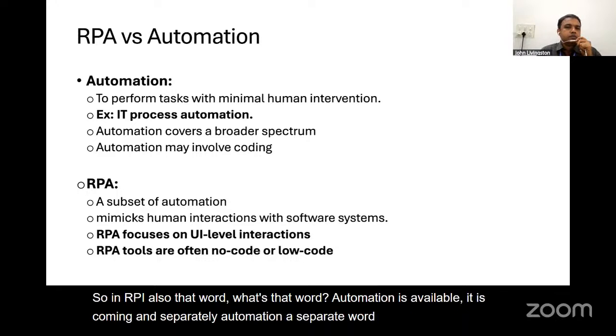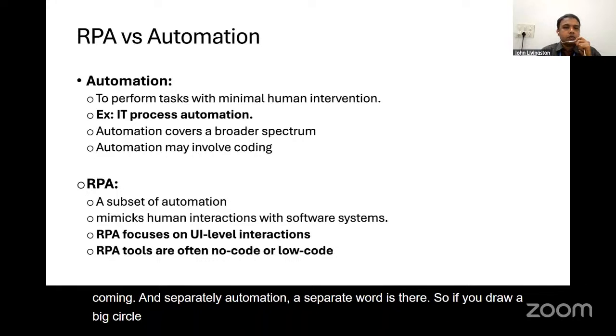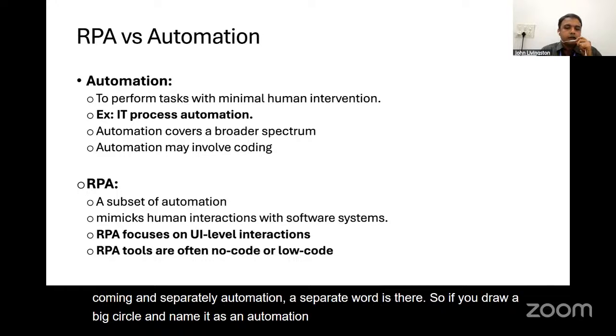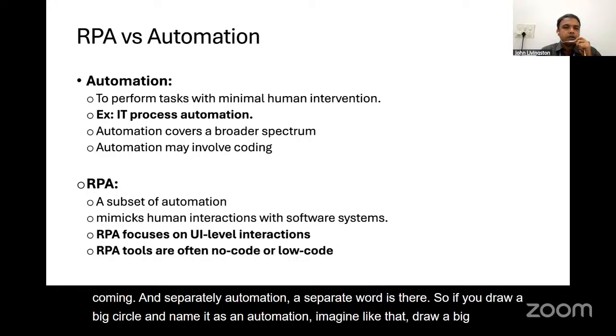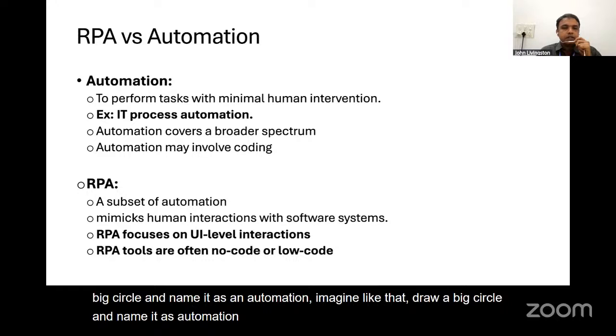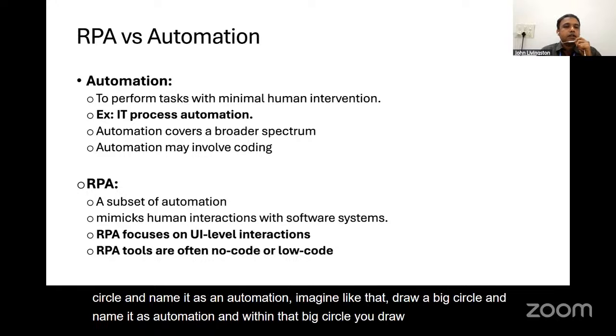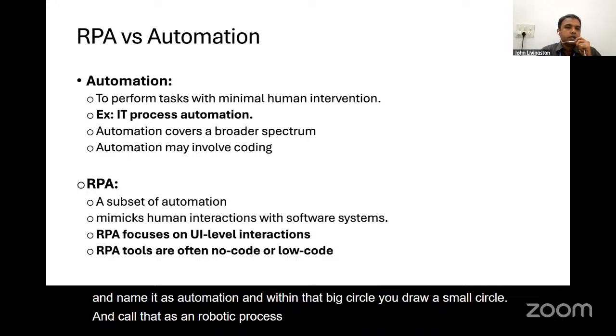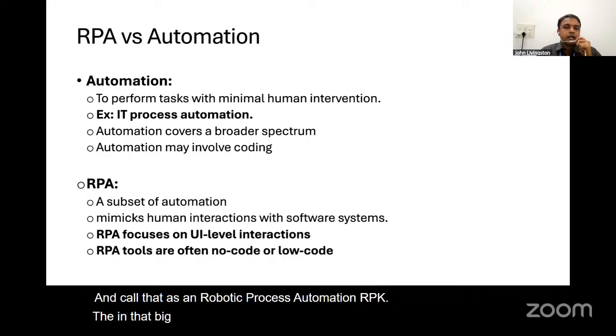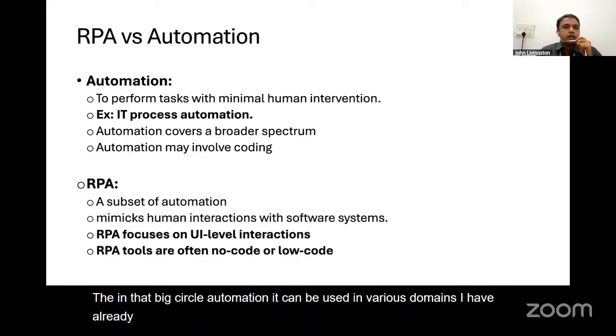Imagine you draw a big circle and name it automation. Within that big circle, you draw a small circle and call that robotic process automation, RPA. In that big circle, automation can be used in various domains, which I have already listed. Robotic arms had been used for that, that is, hardware devices had been used for that.